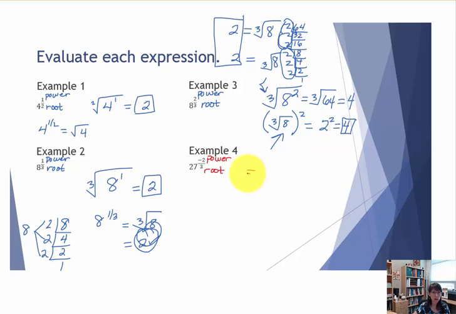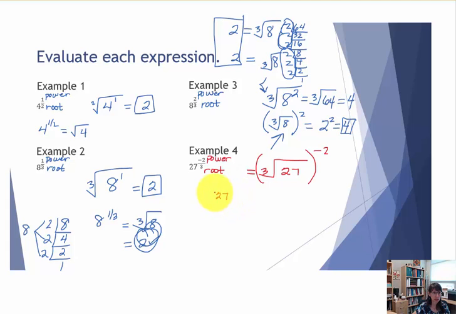So the way I'm going to rewrite this, root was 3, so I know it's a cube root. 27 is the base. If the power is negative 2, remember I want to take the root first and then raise to the power. So let's not worry about negative 2 at the moment. Let's just concentrate on finding the cube root of 27.